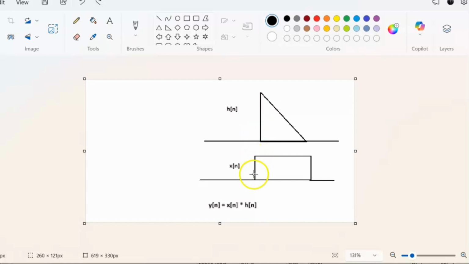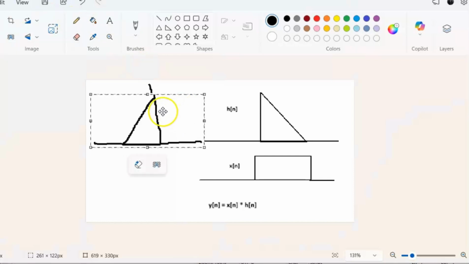All right, so what is the intuition of convolution in a real application? When we convolve two signals, we flip one signal over the y-axis and slide it over the other one. Let me draw h of n and flip it.